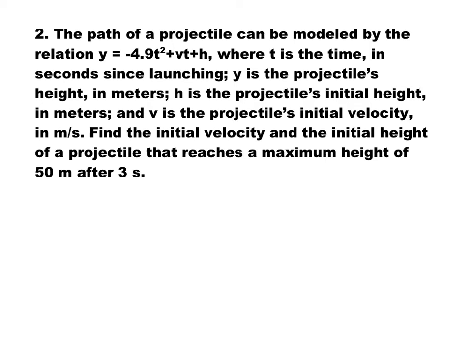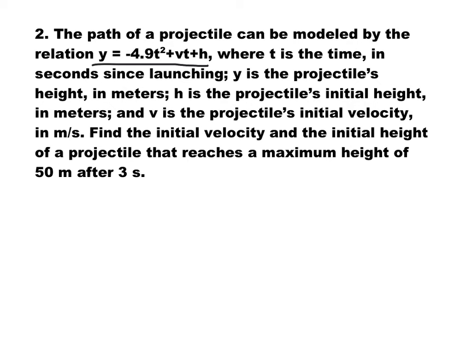Now we are going to talk about an application here. The problem says that the projectile can be modeled by the relationship y is equal to negative 4.9t squared plus vt plus h. T is the time, obviously has to be greater than or equal to 0.